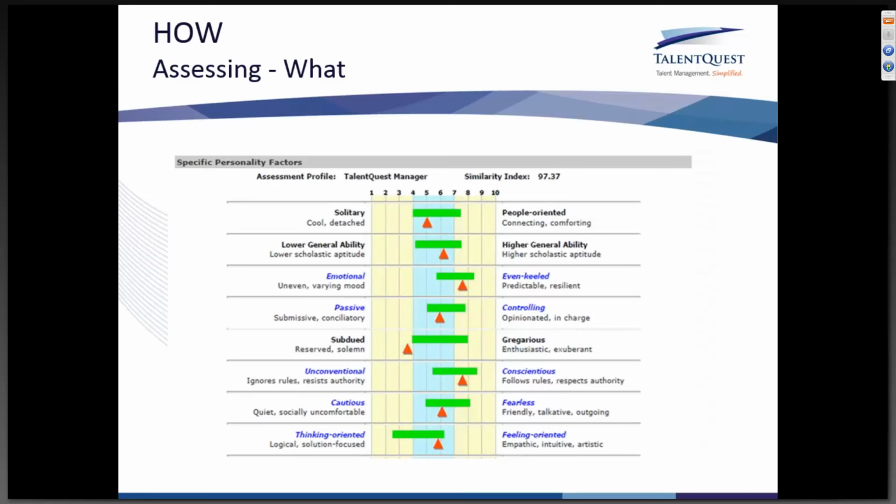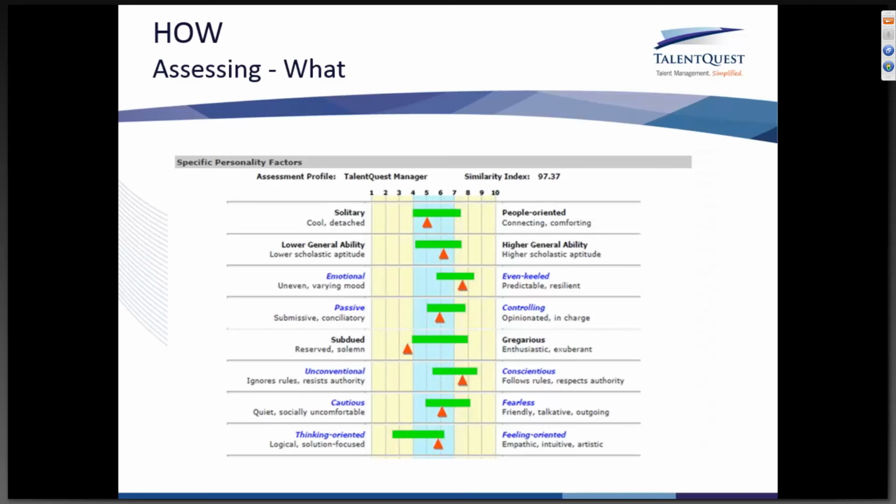It's not the whole page, but each of those lines reflects an aspect of personality that is measured by our assessment. An individual can range from the low side to the high side, with there not being necessarily a good or bad connotation to either. And then you see the red triangle as where this fake individual scored. The green bars are what I want to zoom in on, though.